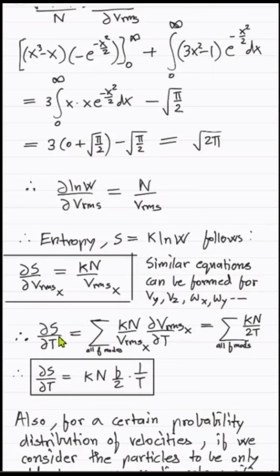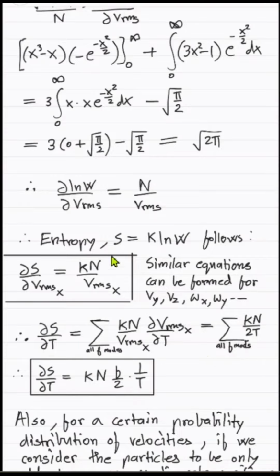So just doing all of that, you basically get partial s upon partial t is equal to the summation of K times capital N upon 2t, and this is for all the modes of freedom, of course, right?